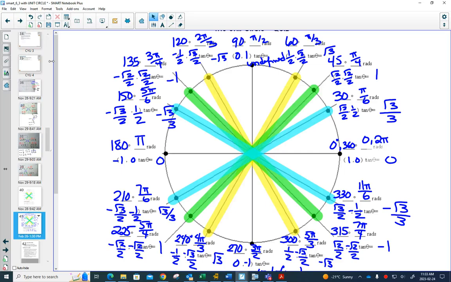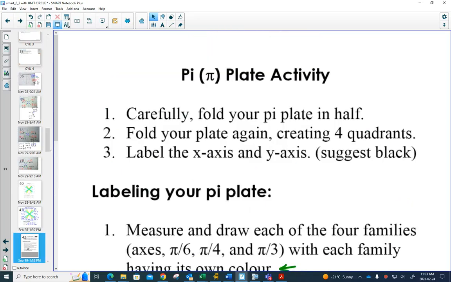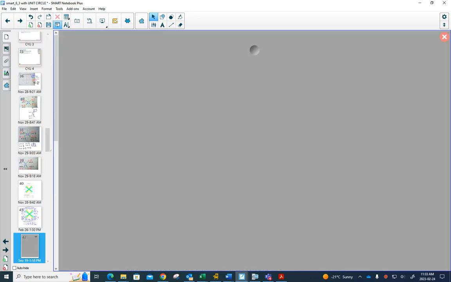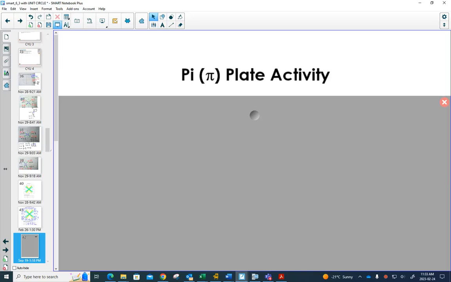The other thing that we are going to do with all of this information is transfer it onto a paper plate. I'm going to give each of you a paper plate, and you are going to take all of the information that you have and put it nicely and neatly on a paper plate.